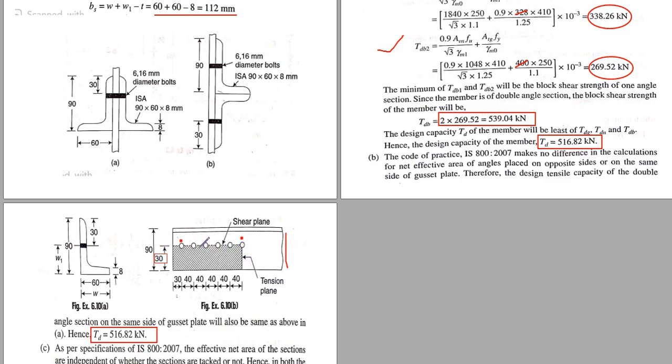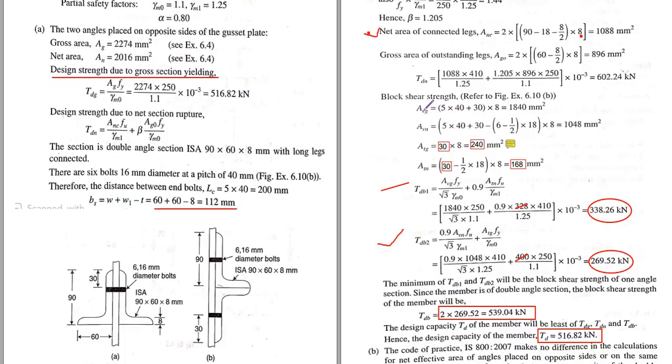So we have to find the gross area of the tension plane and the net area of the tension plane, the gross area of the shear plane and the net area of the shear plane. So four areas should be found.